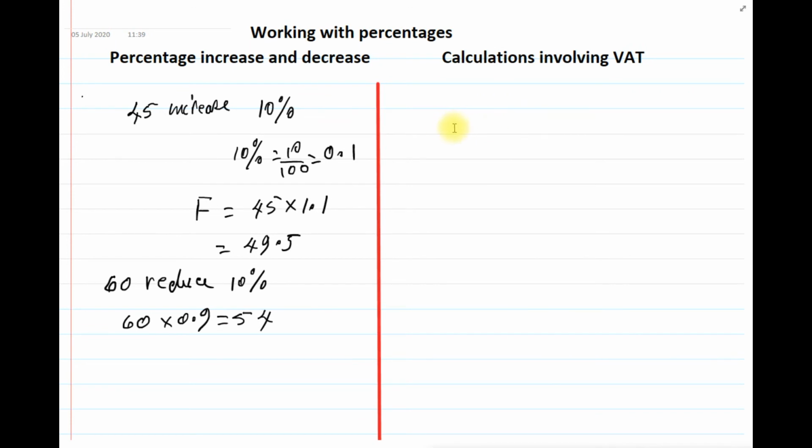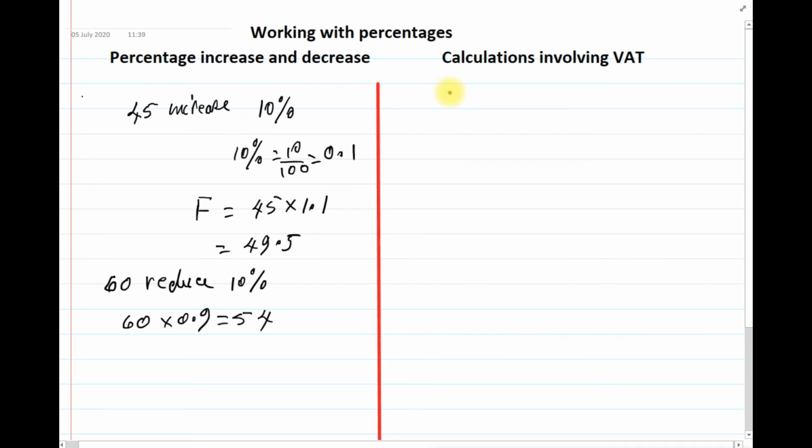Now we're going to use what we learned so far to calculate VAT of goods that we have bought. Now, to find the price after VAT, normally when we buy goods in a shop, the price includes VAT. At least this is the case in the UK.